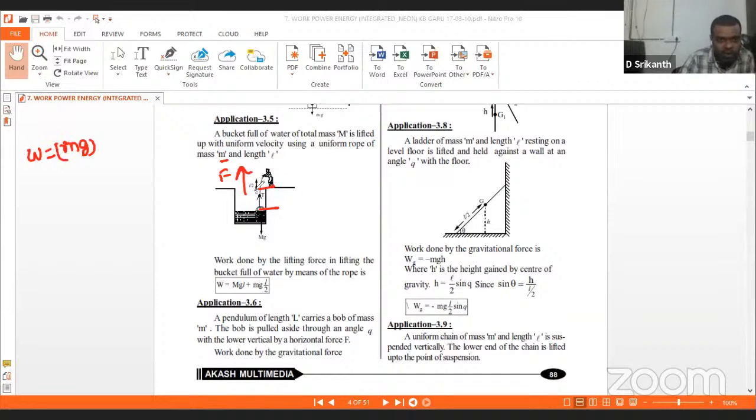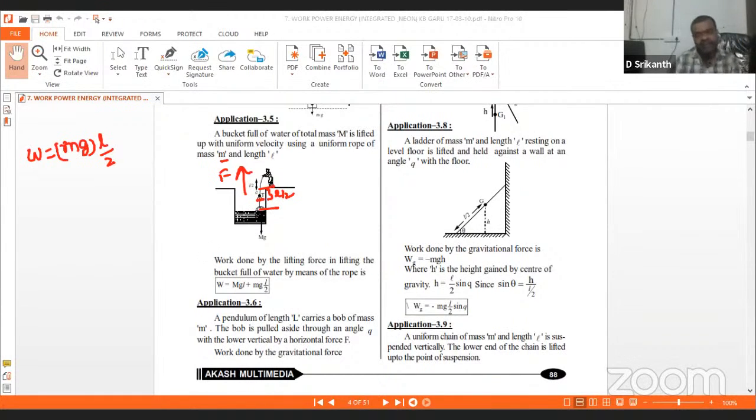For the rope, if I pull up to the center, that is a length L by 2, the remaining L by 2 will also come. So that is small mg L by 2. Afterwards, you will study a chapter called center of mass. For a rope, the center of mass lies at the center.